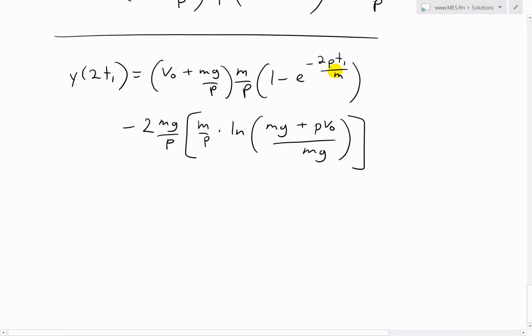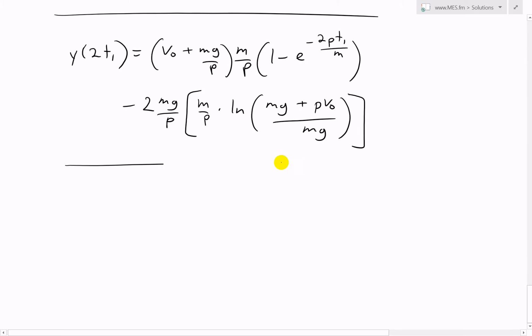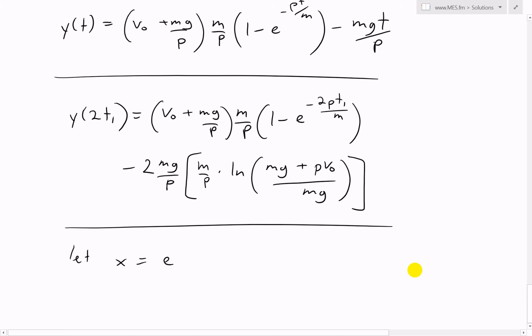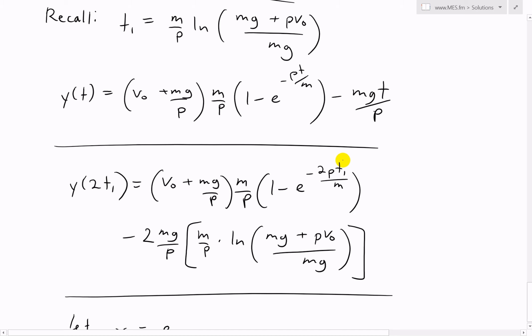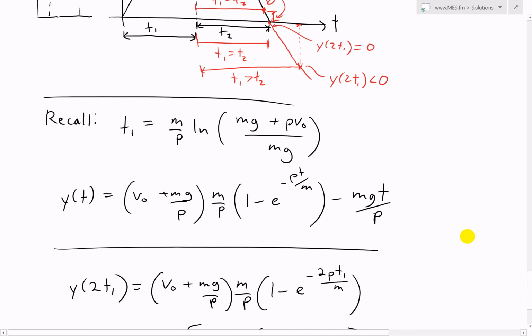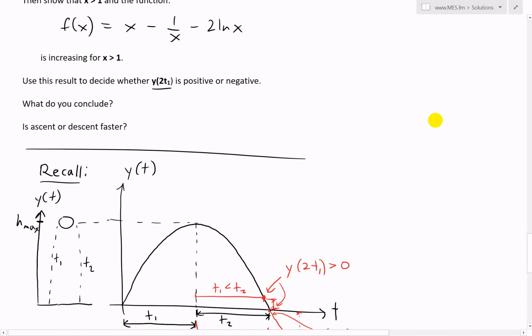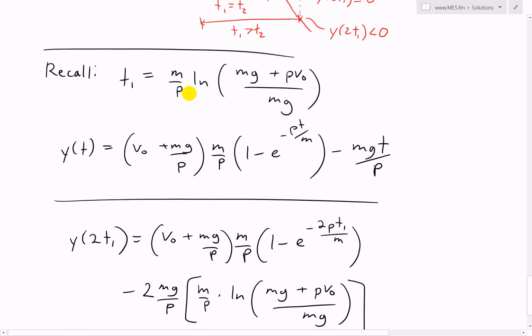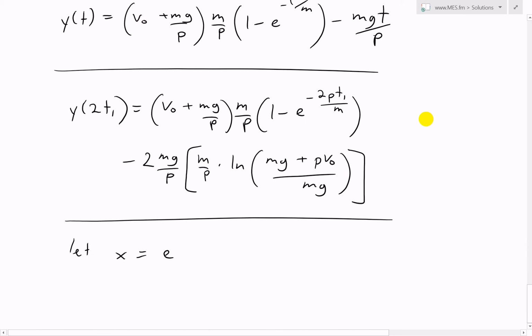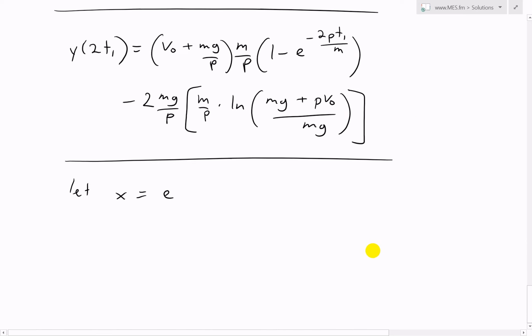And now let's simplify this further by using that x equation. So let x equal e to the power of pt1 over m, just because I don't want to plug in the t1 inside this power. That was the idea of using the x formula. I still want to plug in this giant formula inside here, and that's what the calculus book also recommends.